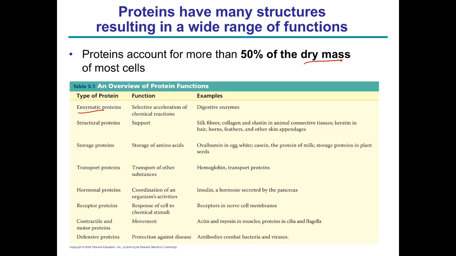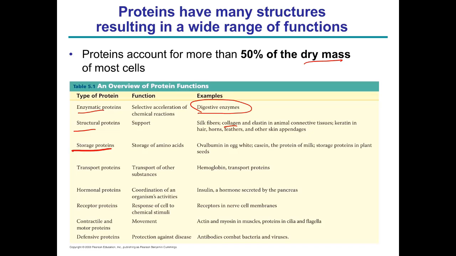They can be enzymes, for example, digestive enzymes, where they give rise to the reaction by breaking down dietary proteins, carbohydrates, and lipids into their basic constituents. They can be structural in nature, such as collagen, which is needed in connective tissues as well.